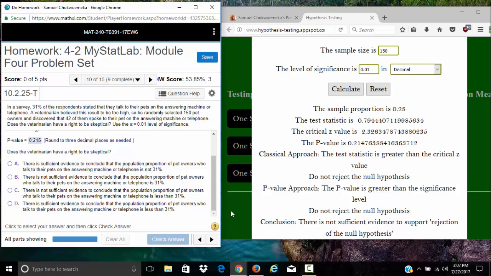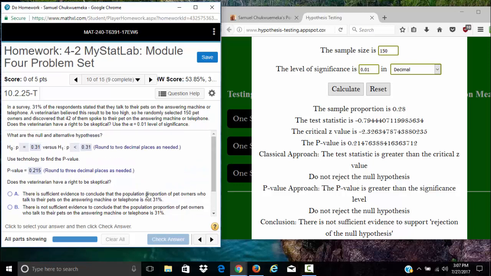That is the conclusion. There is not sufficient evidence to support rejection of the null. In essence, there is not sufficient evidence to support the acceptance of the alternative. The alternative is that the proportion is less than 31%.